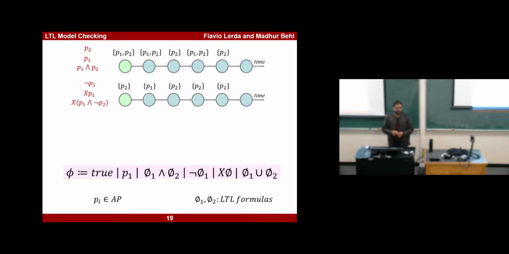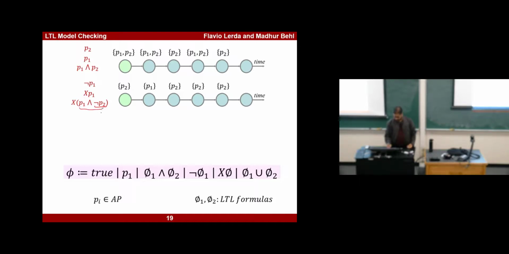What about this? Does this trace satisfy this formula? Let me first ask you whether this is a valid LTL formula. So how do you think about this? You'll have questions of the form, is this expression a valid LTL? What you would want to do is say that this is a valid LTL because negation of an LTL is valid.